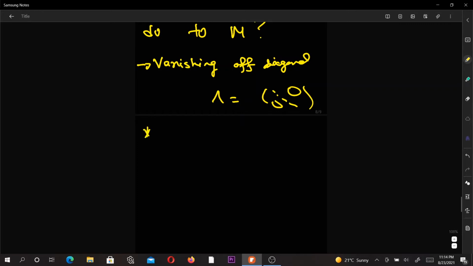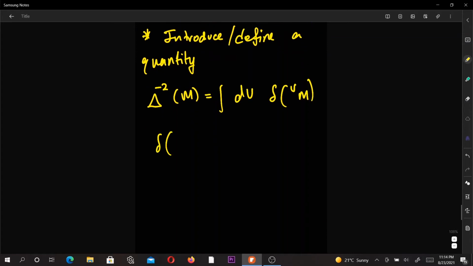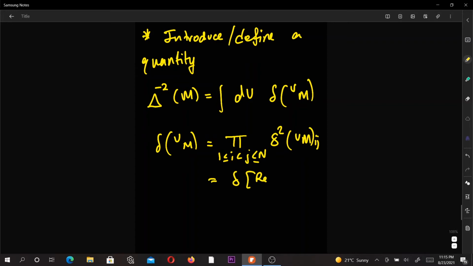So let's introduce or define a quantity which is something like this, and if I write it explicitly, this means just the product over 1 ≤ i < j ≤ N of delta squared of the real part of (U dagger M U) ij, plus the imaginary part.